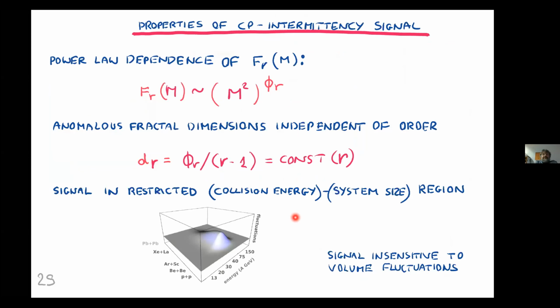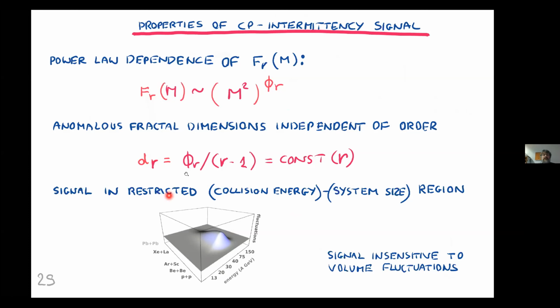Now, summarizing what we expect if we are really lucky and we are close to the critical point, which gives us a signal in what we look at in the intermittency of pions or protons: we expect a power law dependence of factorial moments of any order.